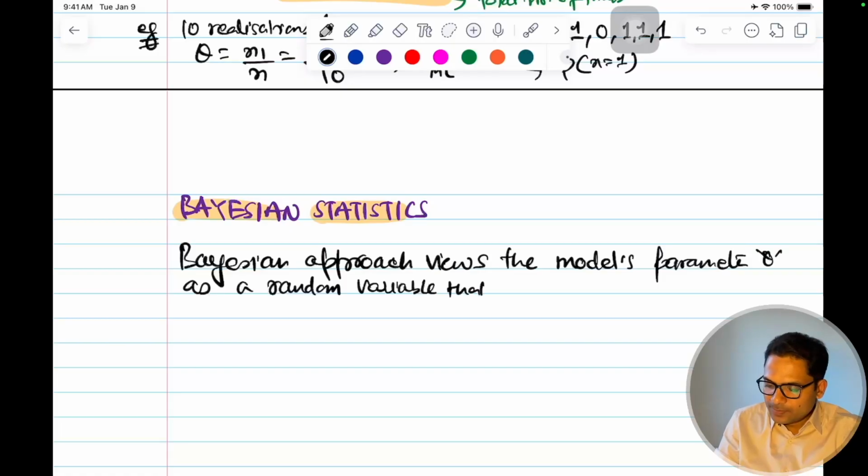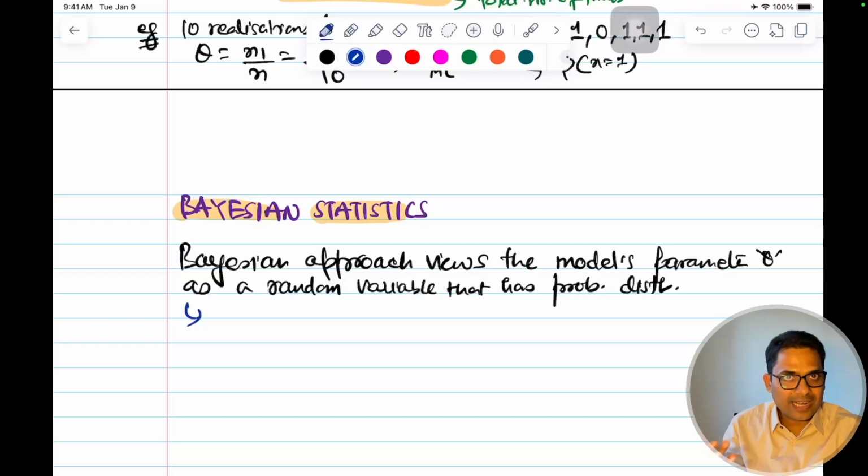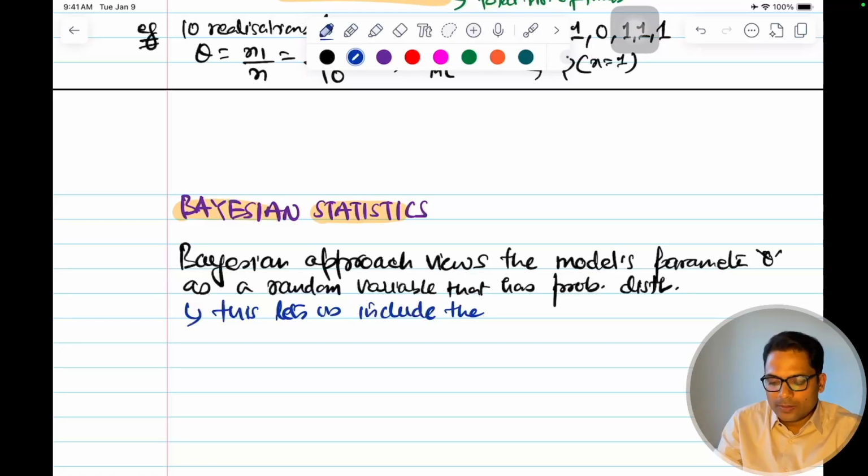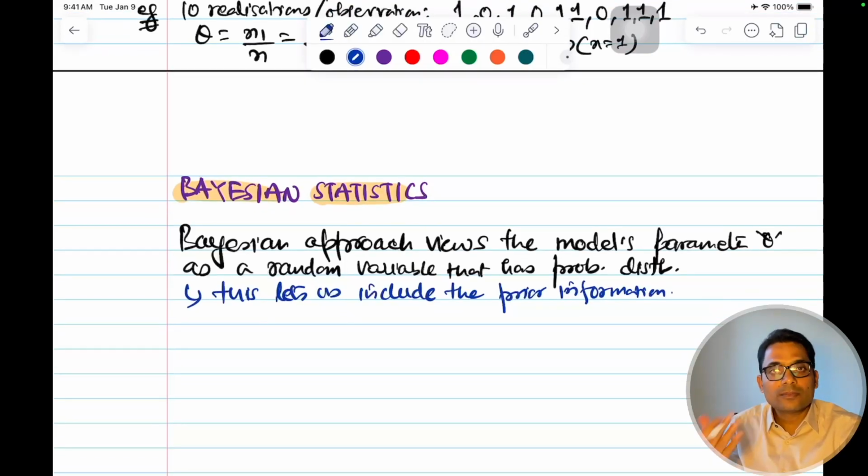Because of this Bayesian approach, this is one random variable, and this lets us include the prior information about the distribution of theta.